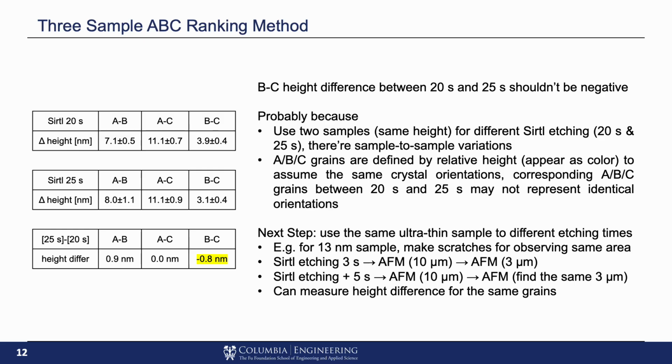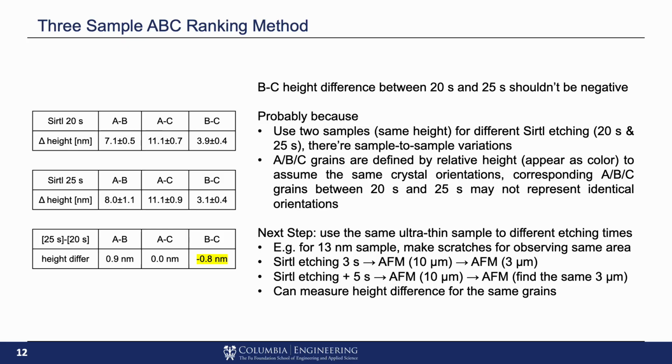This slide summarizes why the three-sample ABC ranking methods failed. First, the 20-second and 25-second measurements were performed on different samples, even though they had the same nominal thickness. Sample-to-sample variations, such as grain distribution and defect density, introduce uncontrolled differences that obscure true etch rate effects.